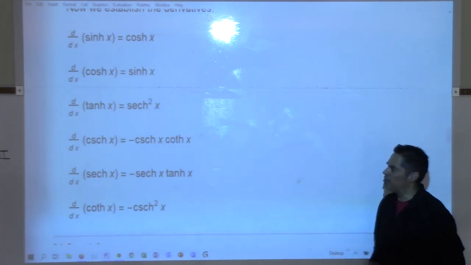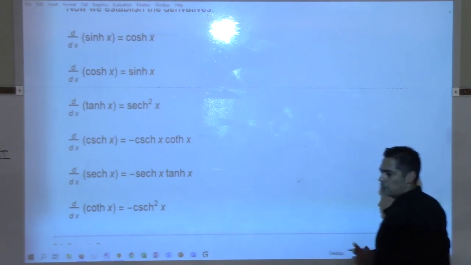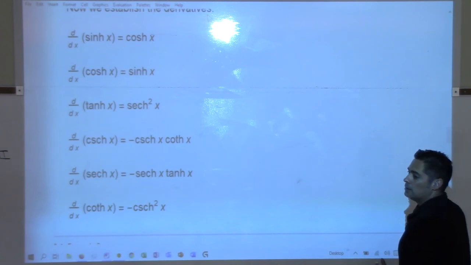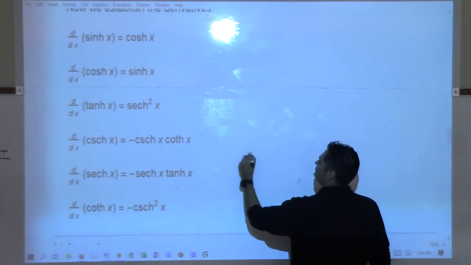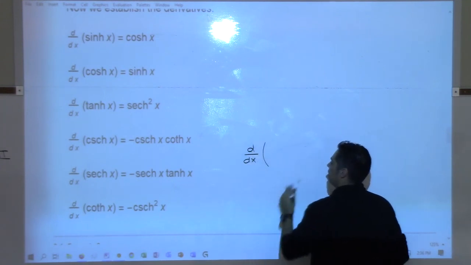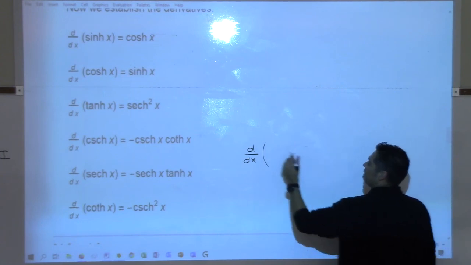How would we prove this? Can't you use the definition of a derivative? Like the limit definition? Yeah, the definition of a limit, pretty much.